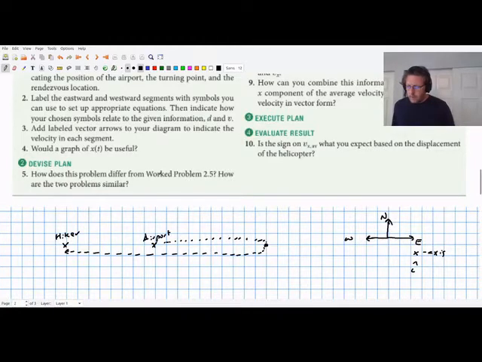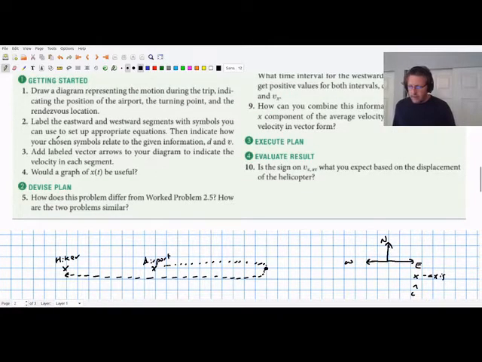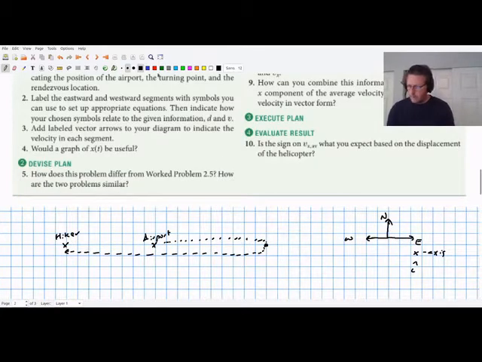Okay, then indicate how your chosen symbols relate to the given information d and v. I'm not totally sure exactly what they mean by that, but let's say this location right here is d i-hat to the right of where the airport is. This location where the hiker actually is, is negative d i-hat because it's to the left, to the west.